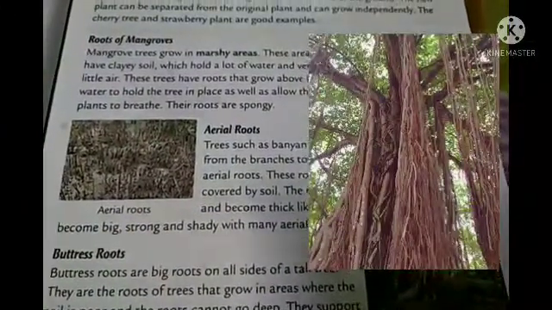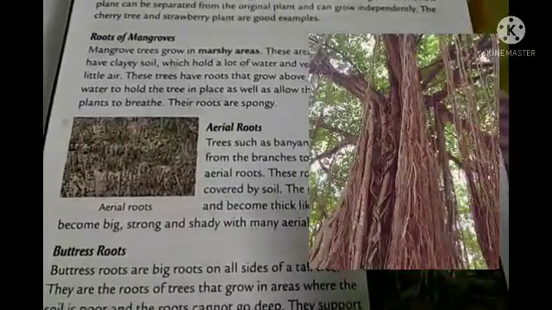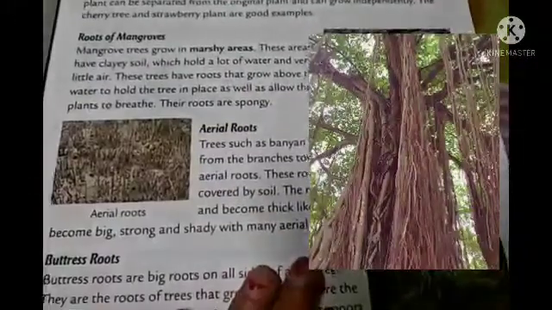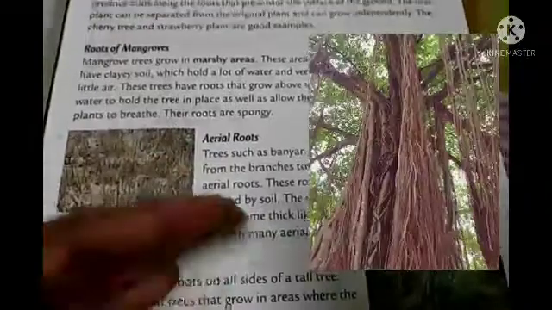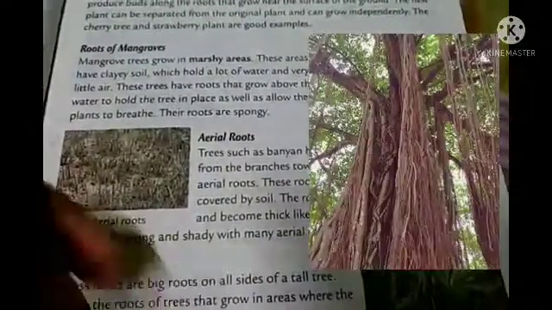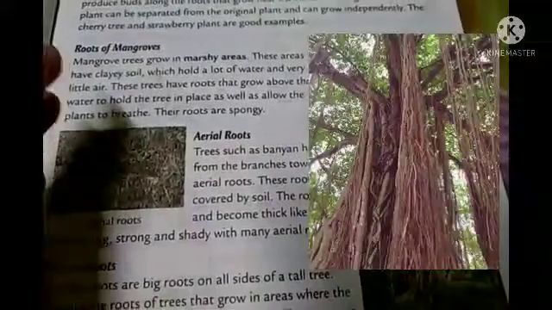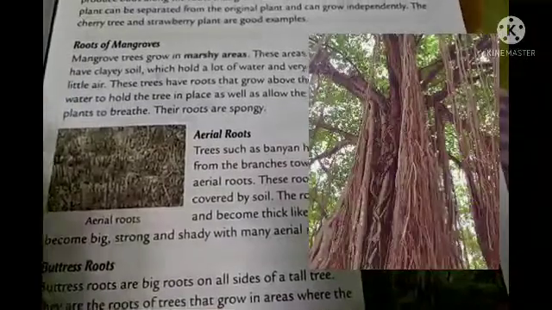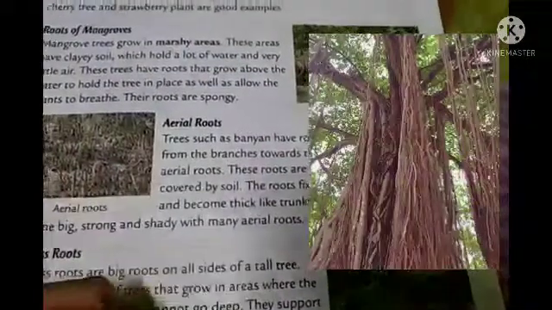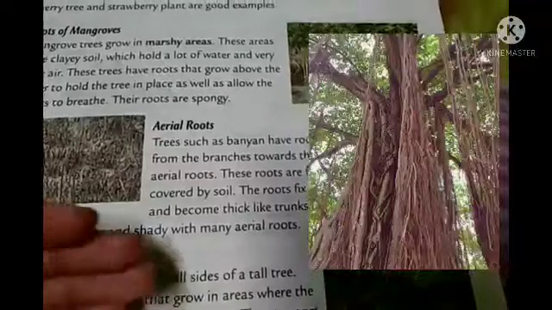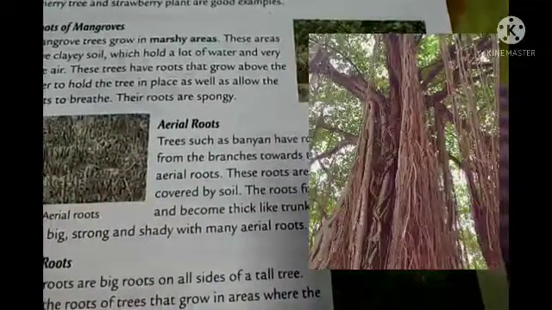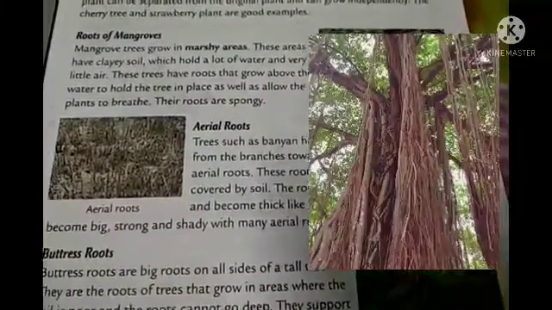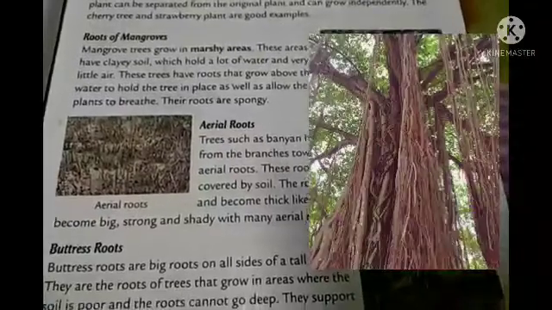They are formed in the air and are not covered by soil. When they reach the ground, they slowly become thick and look like the trunk of the tree, and over the years the tree becomes big, strong, and shady with many aerial roots.